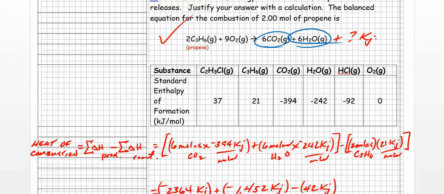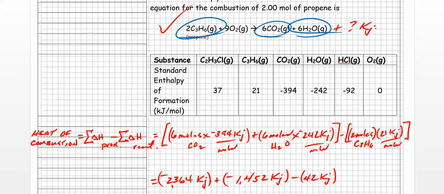So now I've determined the delta H for the products. So now let's go to reactants. Minus the C3H6. So 2 moles of C3H6, that's the propene, times 21, and that's a positive, so be aware of that, positive 21 kilojoules per mole, and I'll multiply those two together.